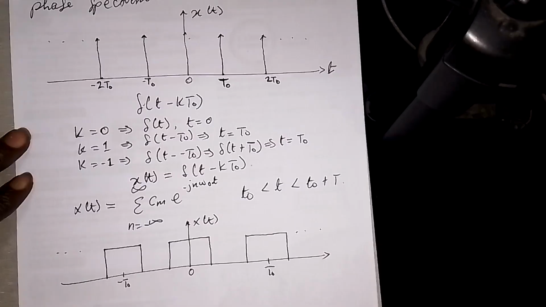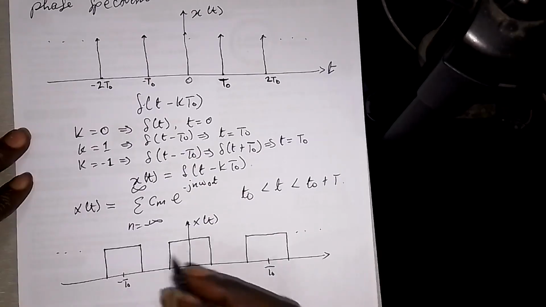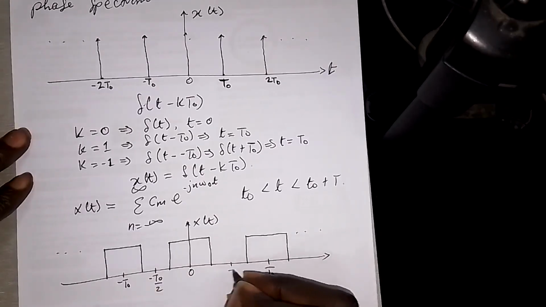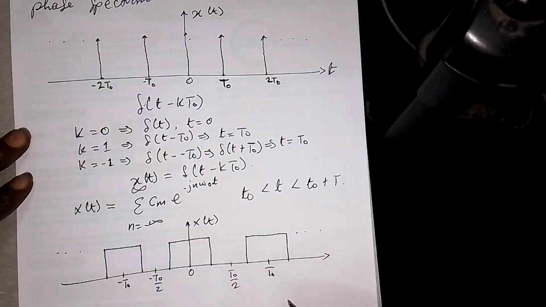Now, how can we deal with these? If here is 0 and here is T naught, then this place has to be minus T naught over 2, and this place has to be positive T naught over 2.